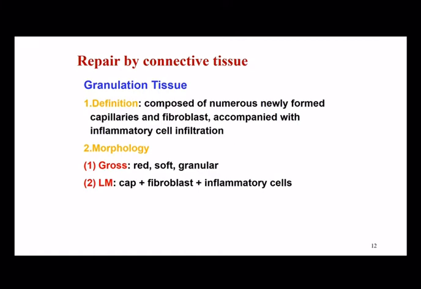Repair begins within 24 hours after injury. Fibroblasts immigrate to the foci. Fibroblasts and endothelium of capillary proliferate. By 3 to 4 days, a specialized type of tissue we call granulation tissue is formed.